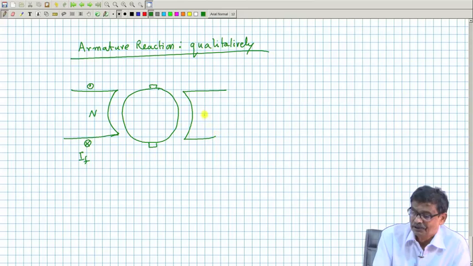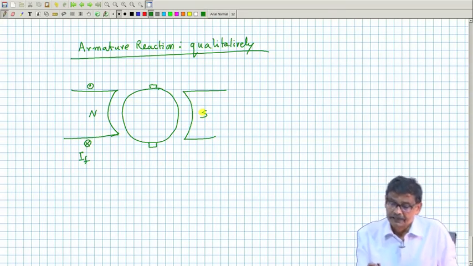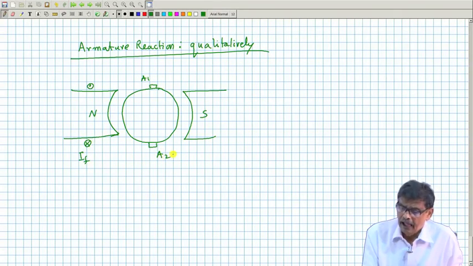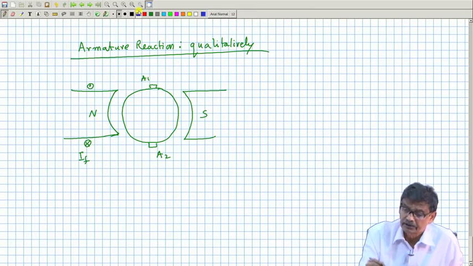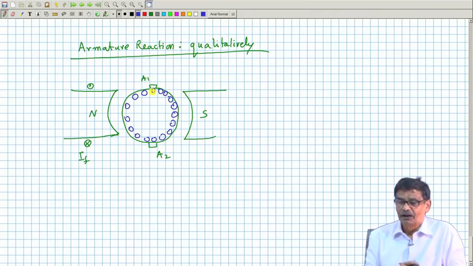This is qualitatively, intuitively we are trying to, of course, with reason, and these are the armature terminals we know, and these are the armature conductors which are staying here. And these armature conductors are what? They are pseudo stationary coil, recall that. So far as production of magnetic field by this conductor is concerned, the field will be stationary in space, although the conductors are physically moving.